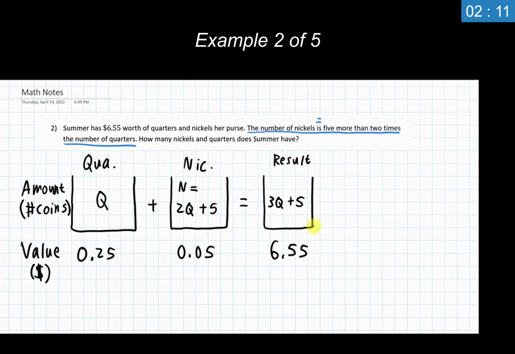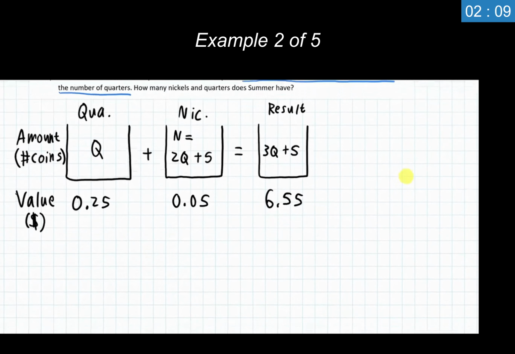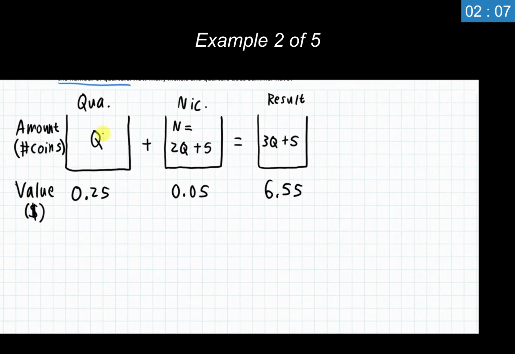Now we can start making an equation out of this. Remember that we are going to take the amount of quarters times the value of quarters, and the amount of nickels times the value of nickels. So we're just going to write those in here.